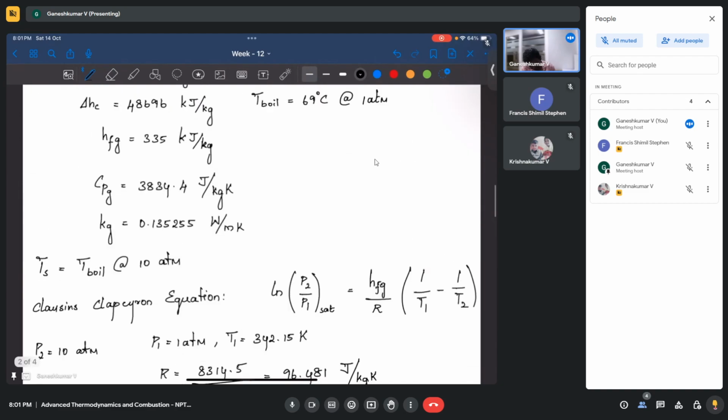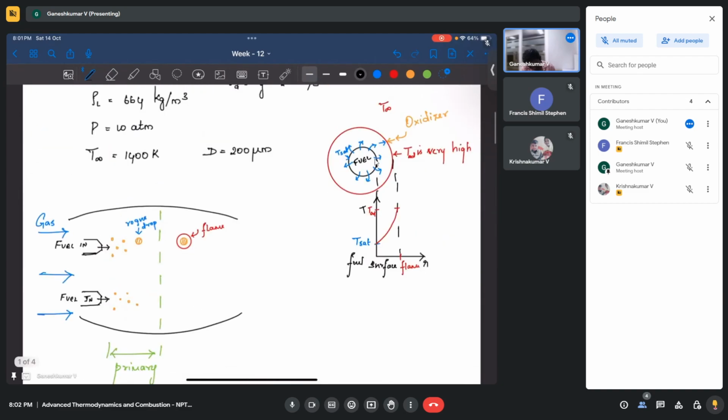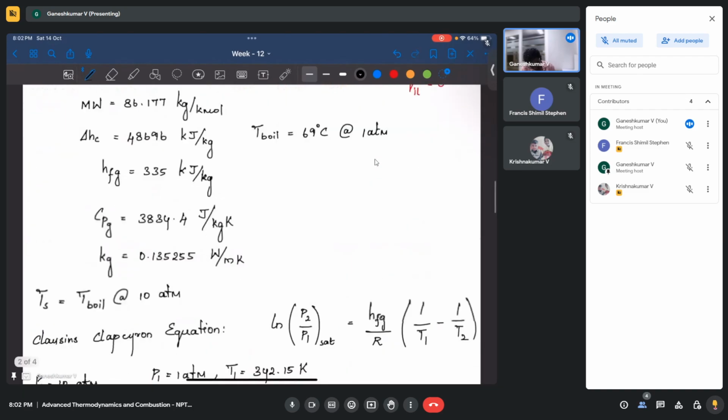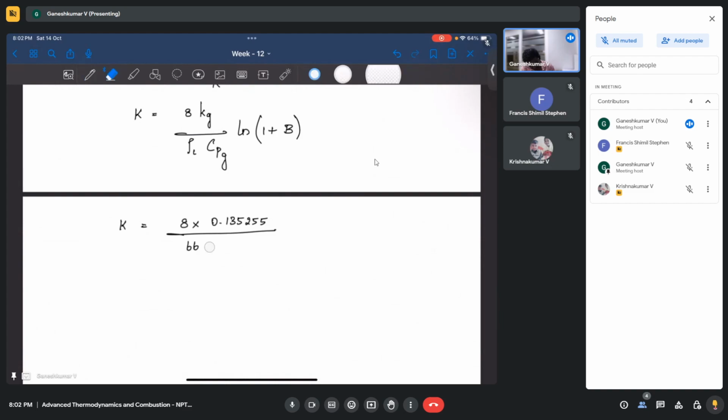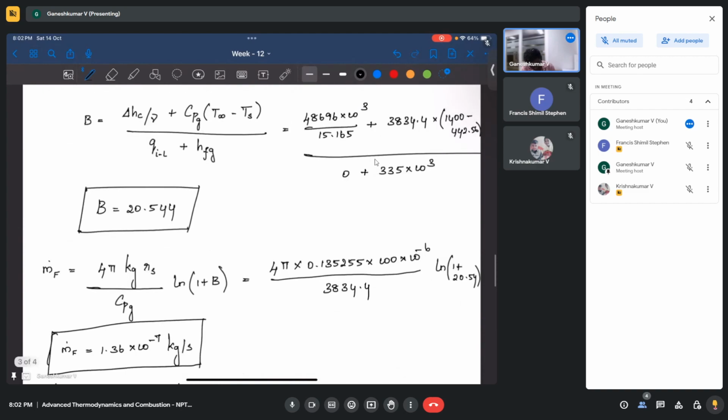It's also given in the question. 664, okay. And Cpg is 3834.4, times ln of 1 plus B. How much did we find? 20.544.